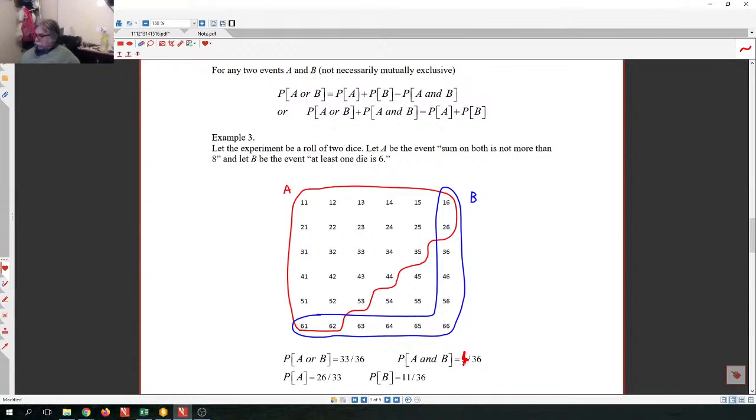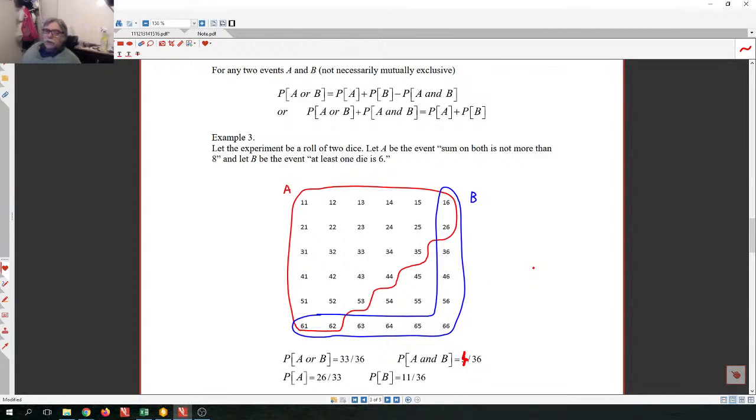Yeah, I didn't count well, right? 4, okay. I just realized, because the property must hold, this 33 out of 36 is probability of A, 26, plus probability of B, 11, that would be 37 out of 36, minus probability of A and B, minus 4, that's 33.